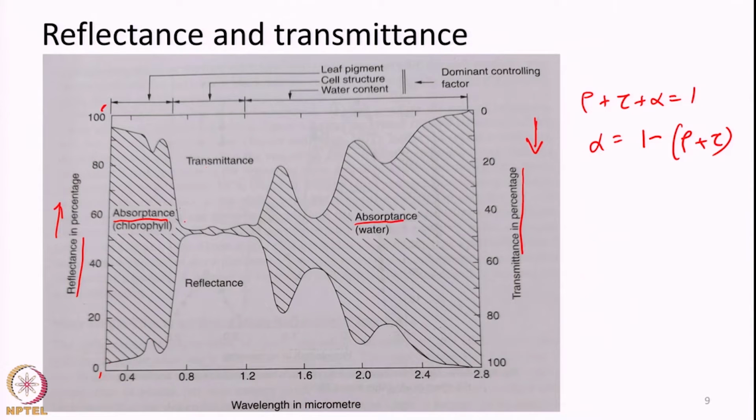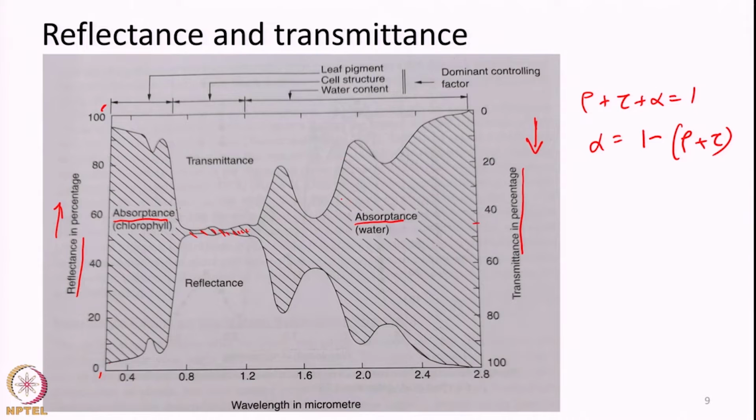On the other hand, when we move to the NIR portion, from 0.7 to 1.4 micrometers, reflectance is pretty high, close to say 50%. Transmittance is also pretty high, around 40-45%, and absorptance is quite low. And again the absorptance increases when we move to the SWIR portion.